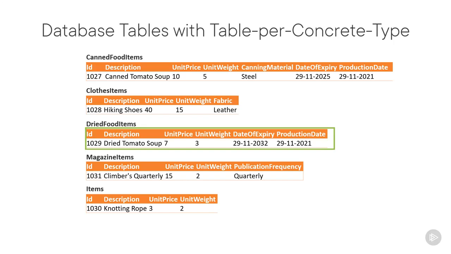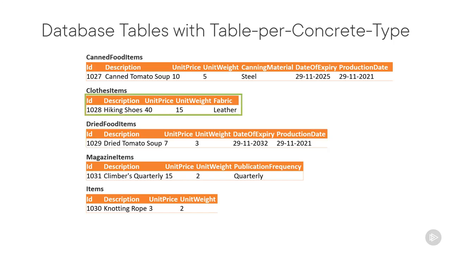But as we shall see during the demo, this setup has a lot of advantages because we avoid all the joins that were involved in using the table per type strategy. So if, for example, we would like to fetch the hiking shoes here with ID 1028, EF Core will simply create a query directly on the clothes items table fetching the entry with ID 1028. This will perform much better than the query that we would have to make with table per type, since that would involve joining with the items table.